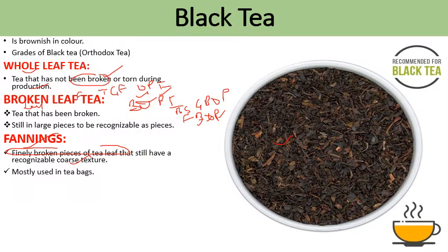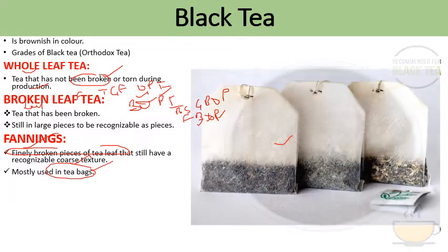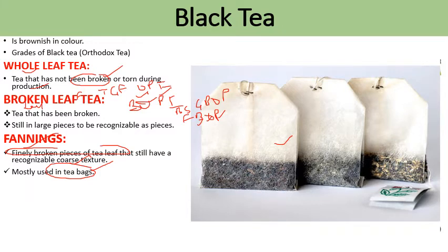Mostly this type of black tea is used in tea bags. We dip the tea bag in hot water and milk, and we get the instant tea. So that is fannings.